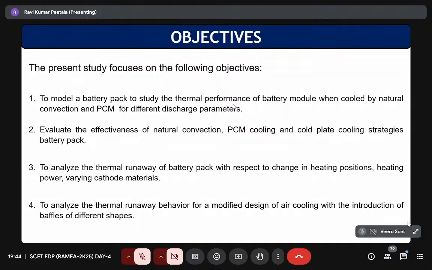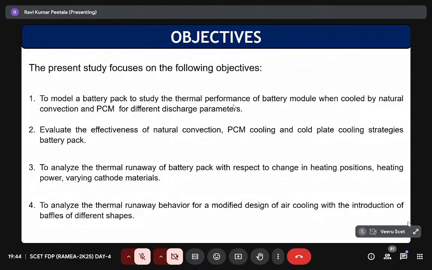So for thermal runaway with modified designs, because the temperature increases during thermal runaway, we want to minimize or stop the thermal runaway with the help of the cooling system.